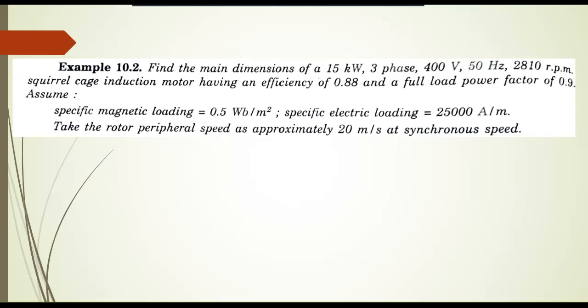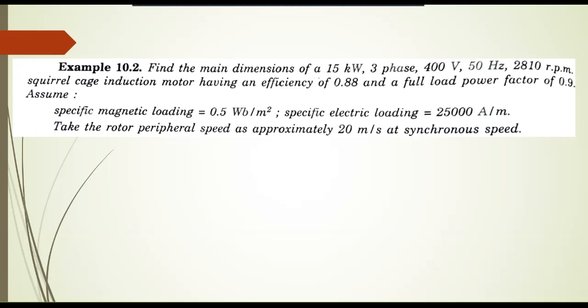We have to assume the specific magnetic loading as 0.5 Weber per meter square. The specific electric loading is 25,000 amperes per meter. And we can take the rotor peripheral speed as approximately 20 meter per second at synchronous speed.